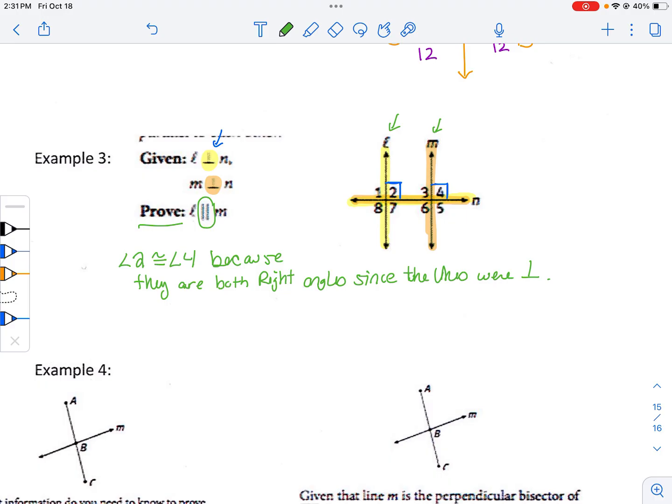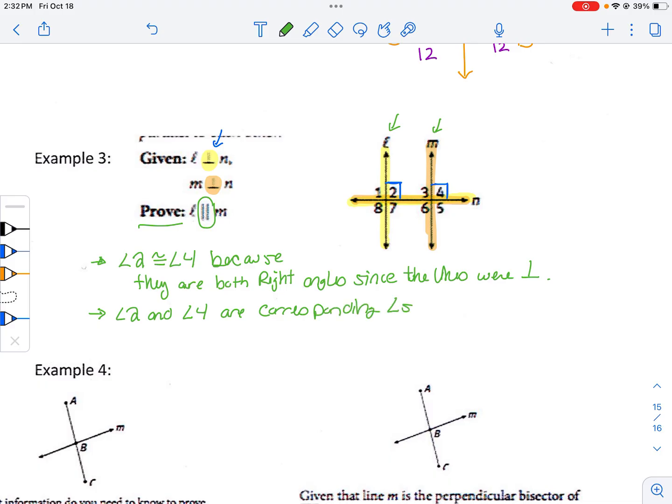So it's important to be very specific when we're explaining things, okay? Angle 2 and angle 4 are congruent because they're both right angles because it said they were perpendicular. Okay, now I can also say that angle 2 and angle 4 are corresponding angles. And that was based on our definitions from before.